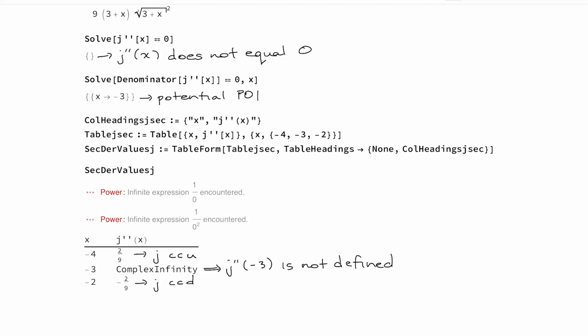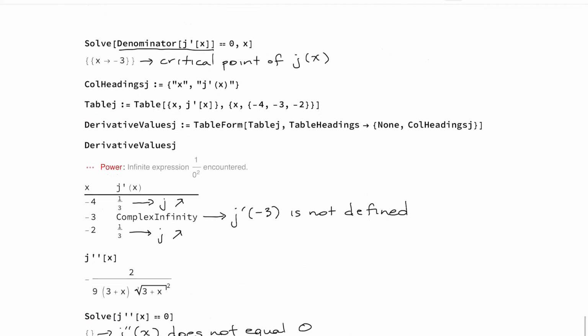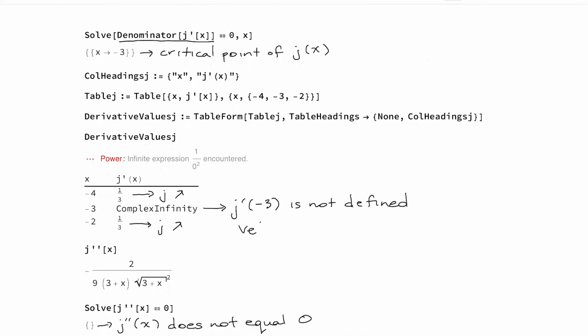Again, this complex infinity means j double prime of negative 3 is not defined, but that's okay. In fact, j of x has an inflection point at x equal negative 3, because on either side of that, the second derivative changes its sign. So even though the second derivative is not defined there, I still have an inflection point on j at x equal negative 3.